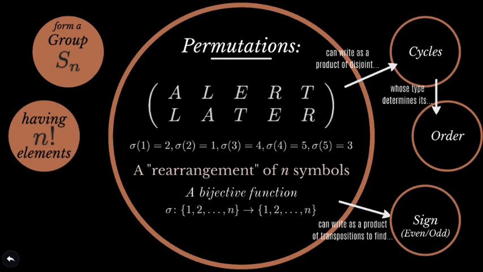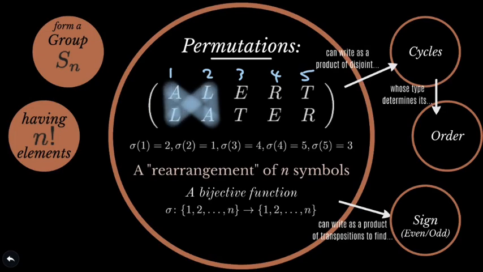So if I look at this permutation right here, and get cycle notation for this, again labeling my positions 1, 2, 3, 4, and 5, I would be sending position 1 into position 2, and position 2 gets sent back to position 1.